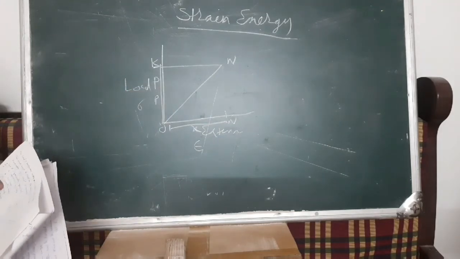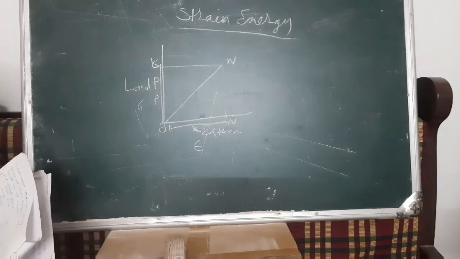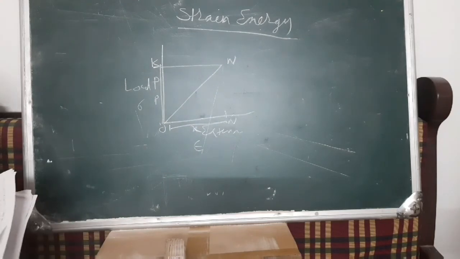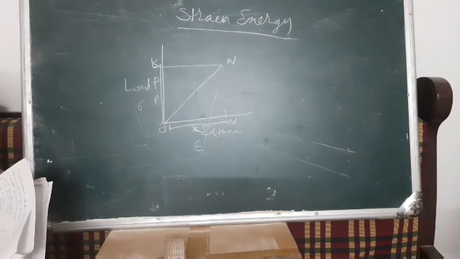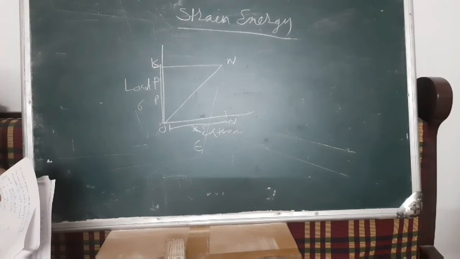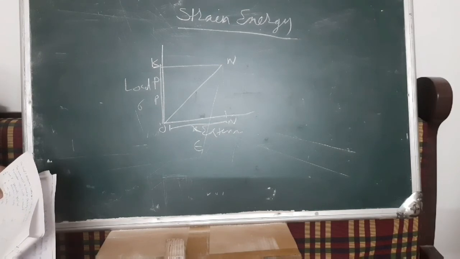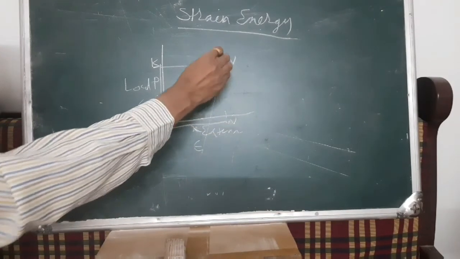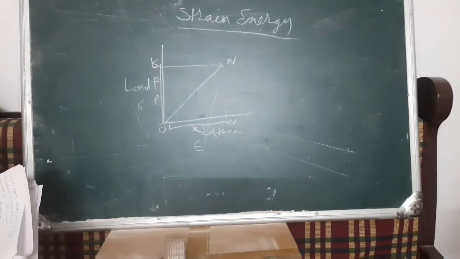Now the load P performs work in stretching the body. The work will be stored in the body as strain energy, which is recoverable after P is removed within the elastic limit. That's why we are considering the elastic limit of the element.